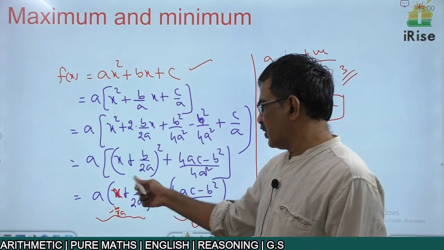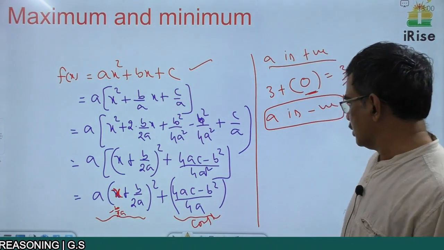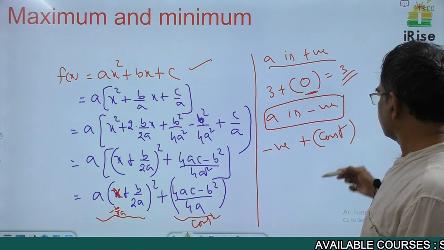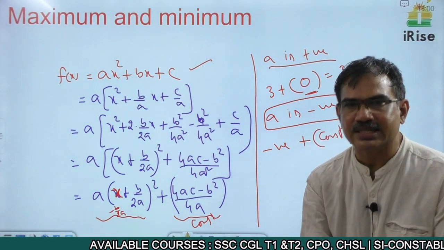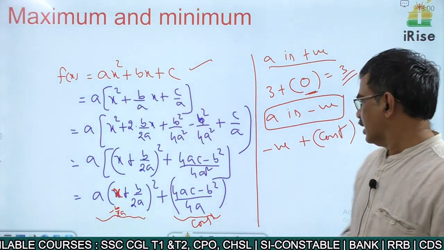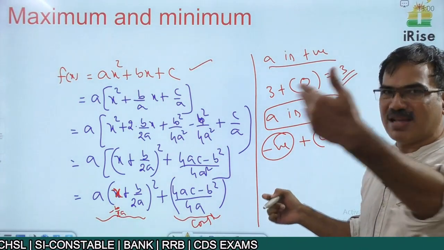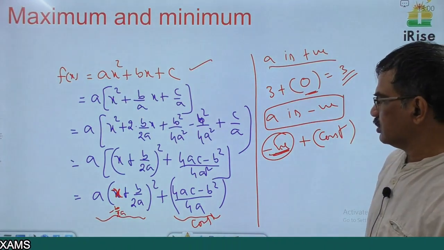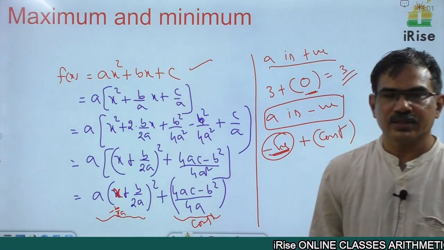This is always positive because it is a square. Positive into negative is negative. This is a negative value plus a constant. If a negative value is added to a constant, the value decreases. And if this is 0, then this is the maximum value. This is 0 if and only if x is equal to minus b by 2a.